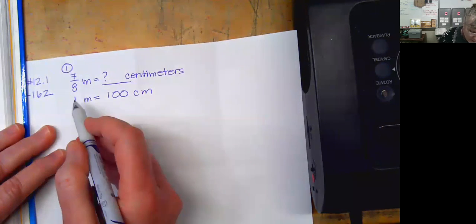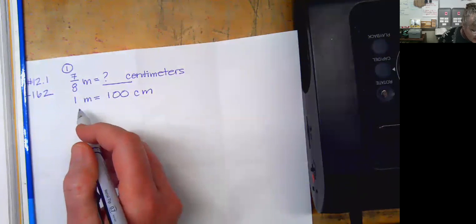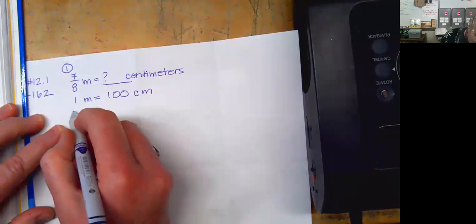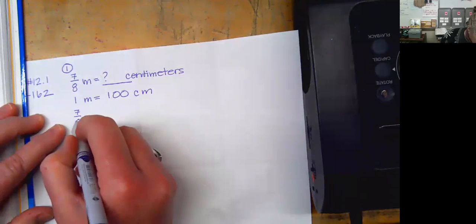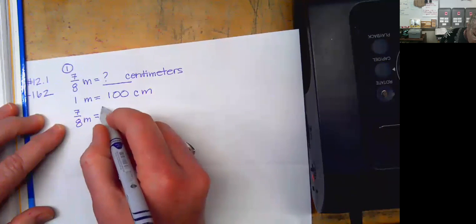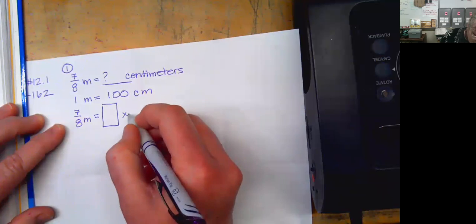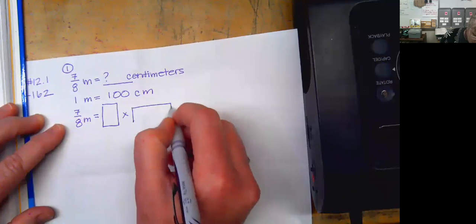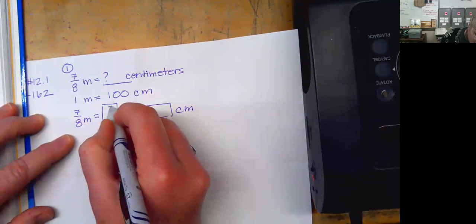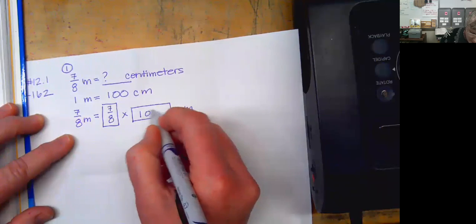So now I'm going to go ahead and say, well, 1 meter equals 100 centimeters. 7/8 of a meter equals 7/8 times 100 centimeters.